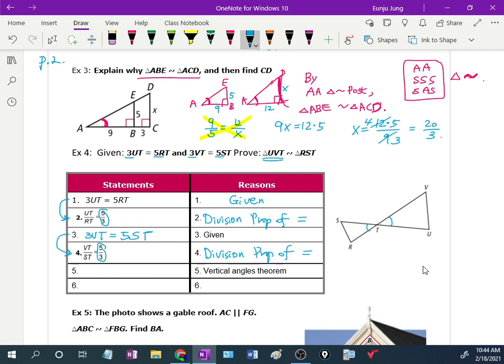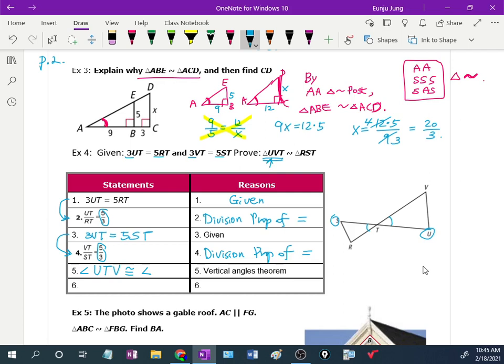So let's name this part first. UVT, can I use that? Yeah, angle UTV, right? UTV, that's right. It is congruent to the angle corresponding to U. S, that's right. U is the first letter, right?